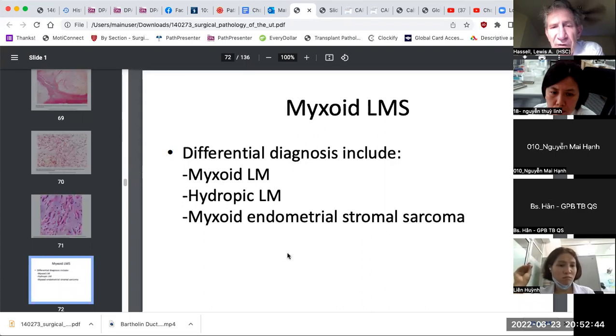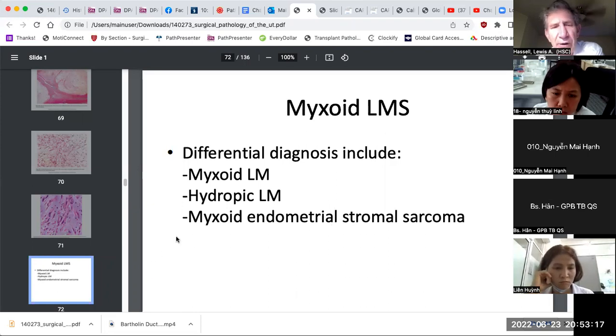So the differential for this tumor includes myxoid leiomyoma, hydropic leiomyoma, and the myxoid endometrial stromal sarcoma. We've mentioned here that the atypia and mitotic activity would not be present. Hydropic leiomyoma would not have the atypia or the mitotic activity. And there is CD10 positivity versus smooth muscle positivity, and a somewhat different pattern of invasion.